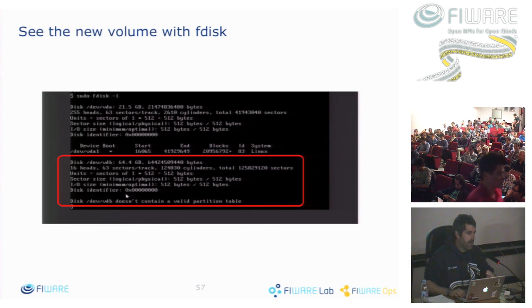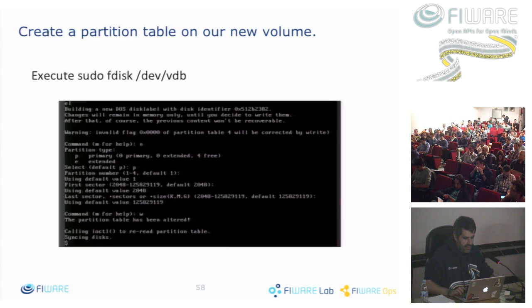Well, this is an easy way. You only need to execute fdisk /dev/vdb in order to prepare the disk to be mounted. At the end of this process, you will see something like /dev/vdb1, for example.